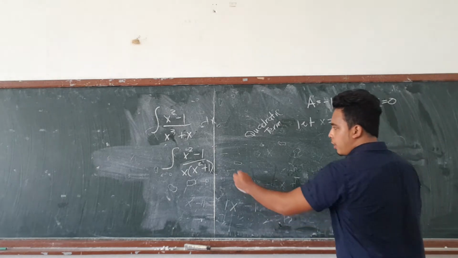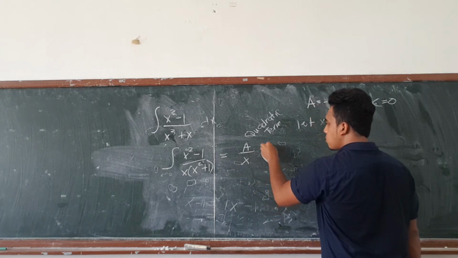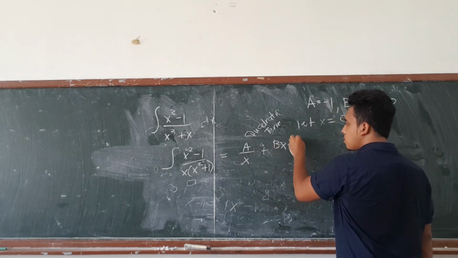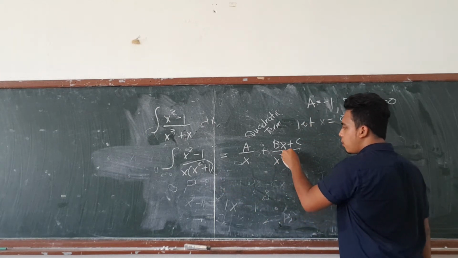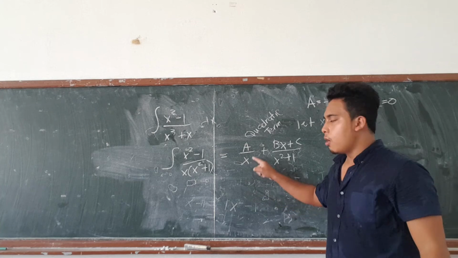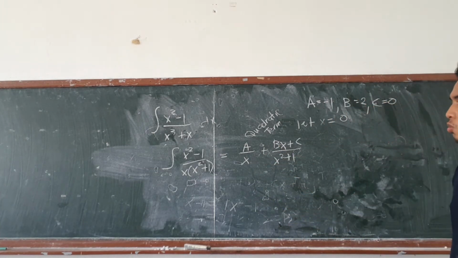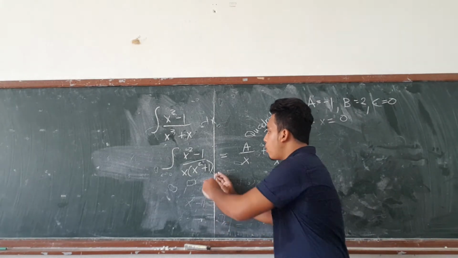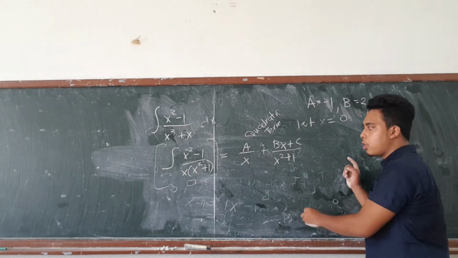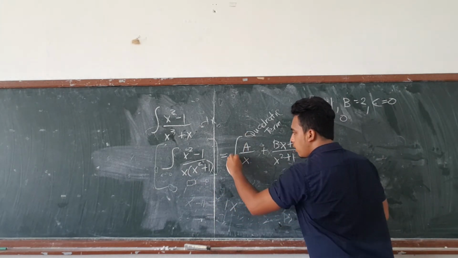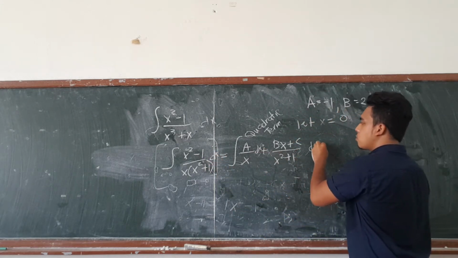So then that is equal to a over x plus b x plus c over x squared plus 1. If you still remember, a over x plus bx plus c over x squared plus 1. So since we tend to find the integration of this equation, then ato po i-substitute ang ating equation, ato integral side. Integral dx with respect to x.